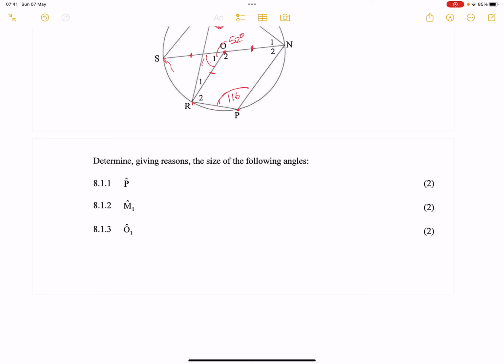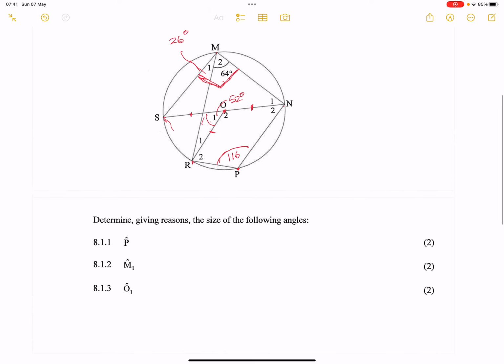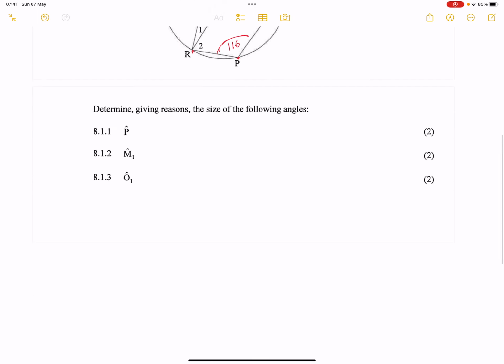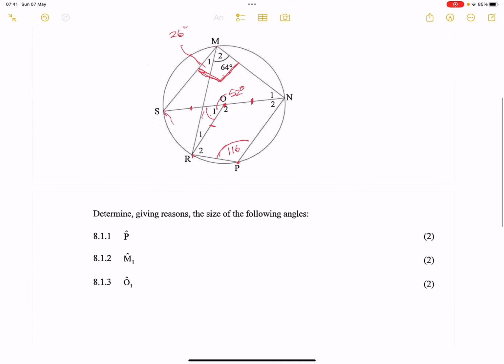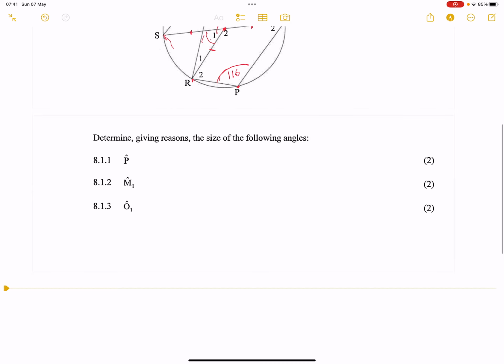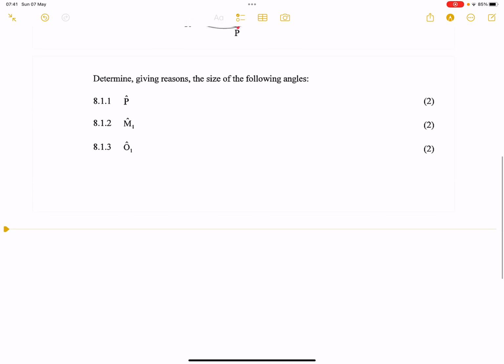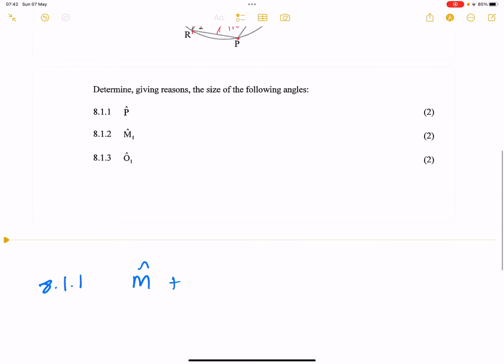They say determine, giving reasons, the size of the following angles. So they looked for angle P. We're going to say M2 plus P is equal to 180 degrees. For that particular one, 8.1.1, M2 plus P would give us 180 degrees, and the reason is opposite angles of a cyclic quad.